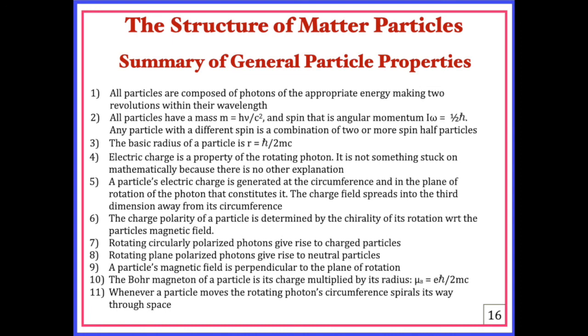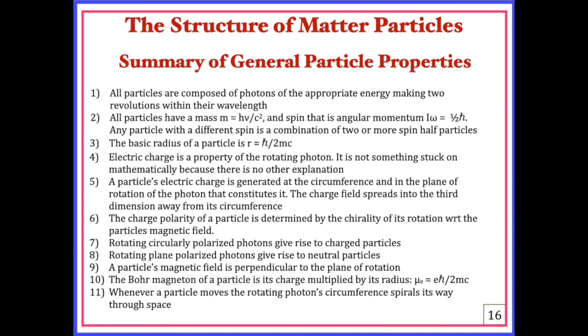The charge field spreads into the third dimension away from this circumference. The charge polarity of a particle is determined by the chirality of its rotation with respect to the particle's magnetic field. Rotating circularly polarized photons give rise to charged particles. Rotating plane polarized photons give rise to neutral particles.